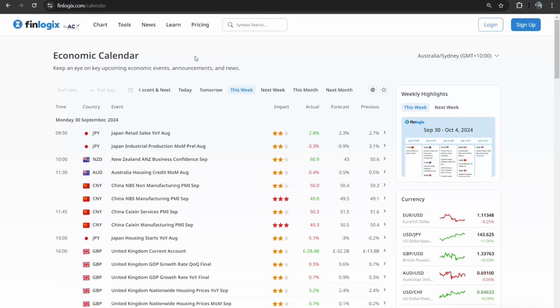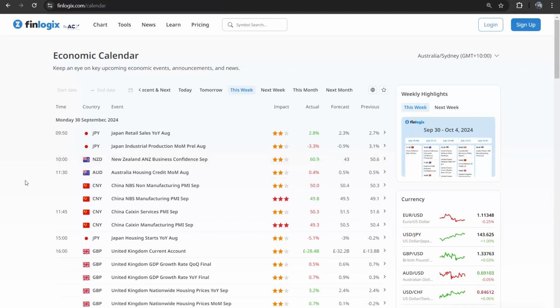But the reason why Brazil is higher is because the inflation is higher, and because, of course, comparing Australia to Brazil, Brazil is a much more risky country on the economy side. Australia is much more stable economically than Brazil. Okay, so enough talk already. Talking about Japan retail sales year over year, it came in higher, 2.8% from the forecast of 2.3%. So indeed, this is a good release for the Japanese yen.